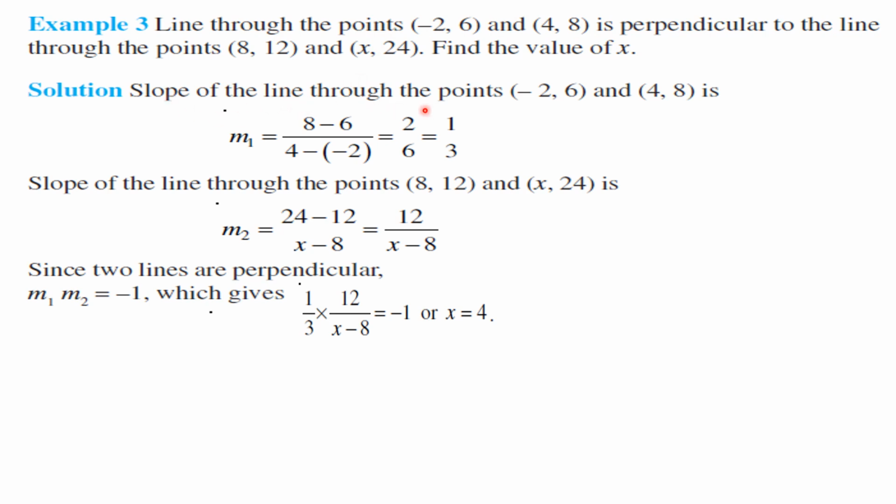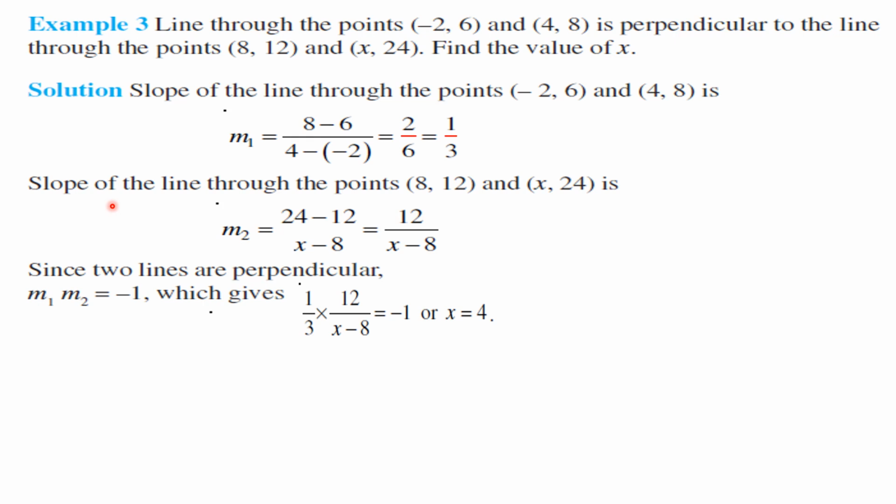Slope of the line through the points (minus 2, 6) and (4, 8) is m1 is equal to y2 minus y1 by x2 minus x1. So by using that formula, what will you get here? 1 by 3. The value of m1 is 1 by 3. Okay, my children.